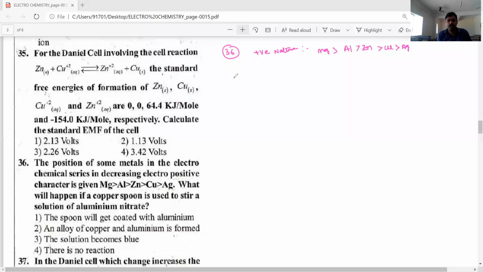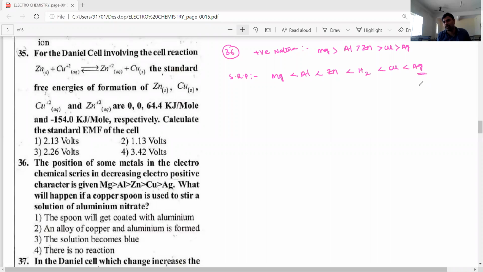Now, by standard reduction potential values, the one having the least standard reduction potential is magnesium, more negative, then aluminum, then zinc, then hydrogen H2, then copper, and then silver.